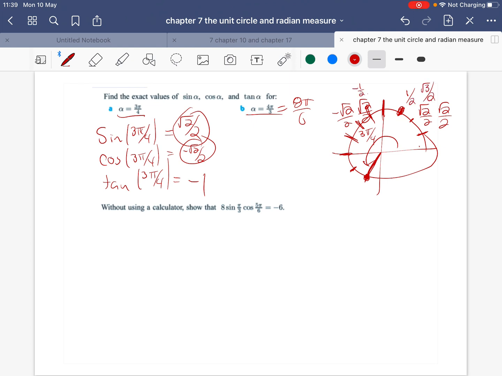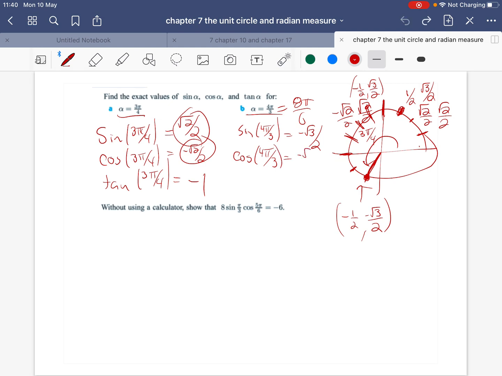All right, so we go, this one is 1/2, negative root 3 over 2. So this one's going to be negative 1/2, root 3 over 2. That would make this one negative 1/2, negative root 3 over 2. Okay, so the sine of 4 pi over 3 equals negative root 3 over 2.